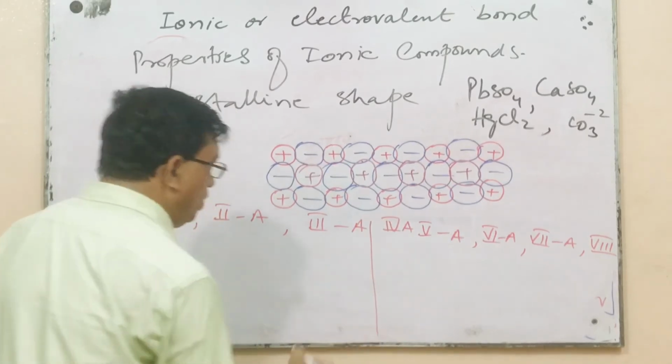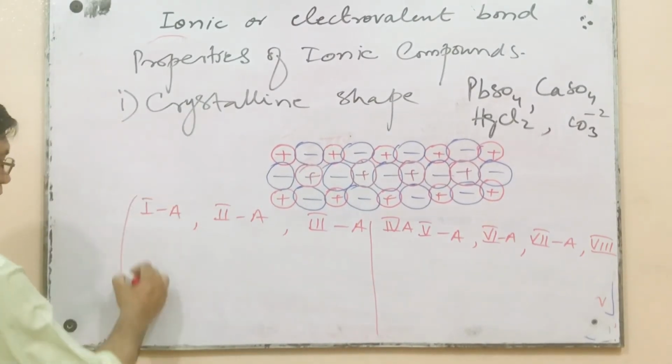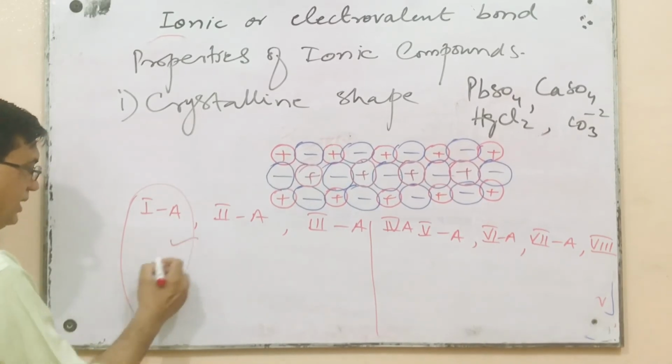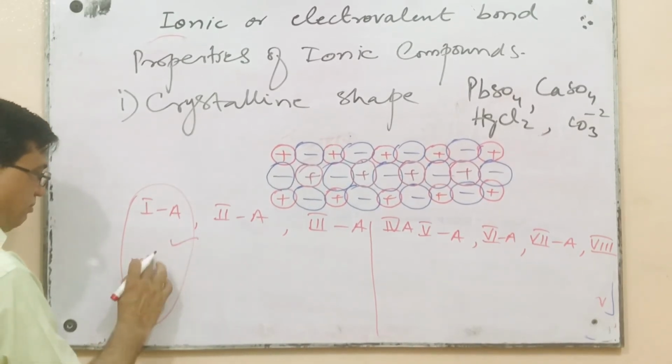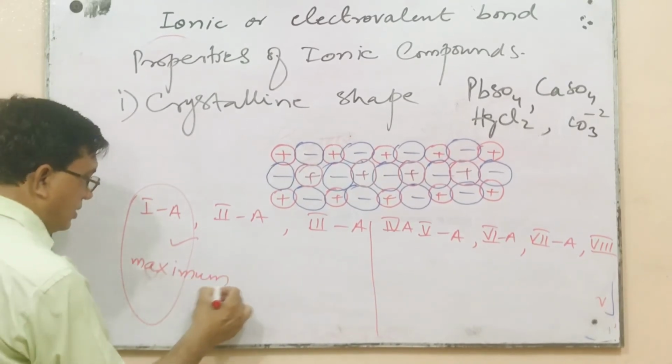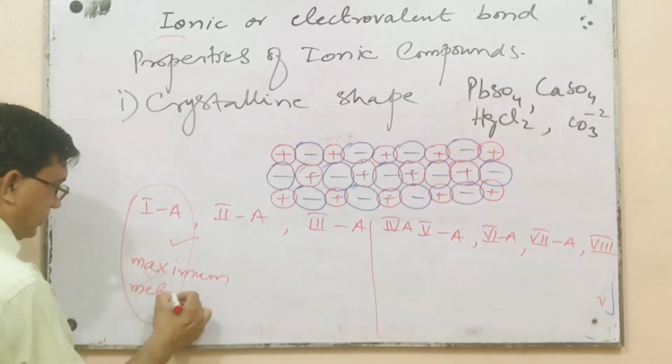Now, group 1 metals have maximum metallic character.